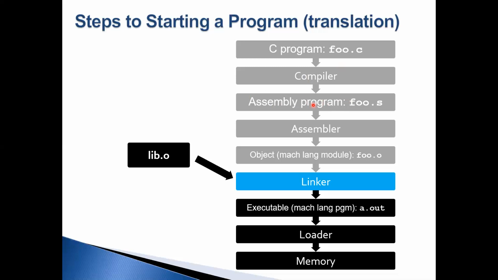Okay, and the next is the assembler. The assembler will look into the assembly program and convert all those pseudo instructions into true assembly language. And then it will try to find out all the labels and the branches, where to branch to, right?